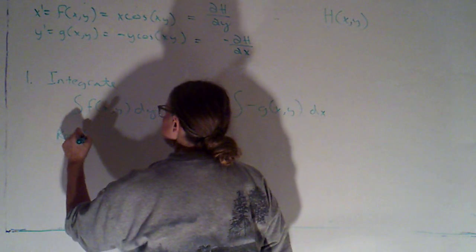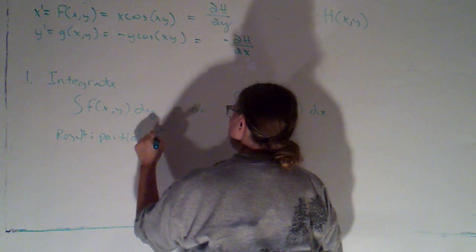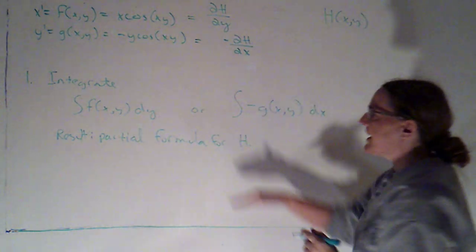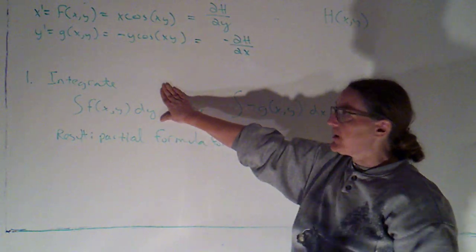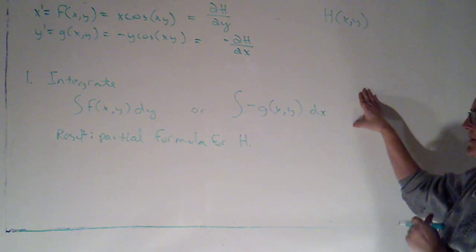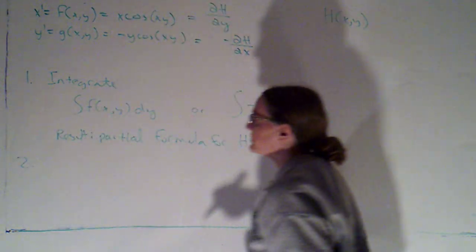So the result is a partial formula for h. I'm going to just write out the rest of the steps as if we've done this as opposed to this. They can easily be modified if we chose to start with this. Step 2. Okay.